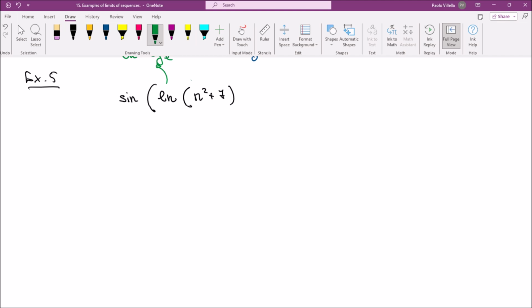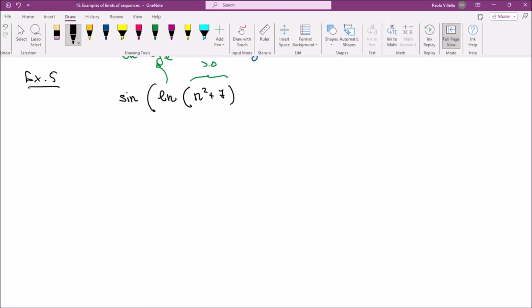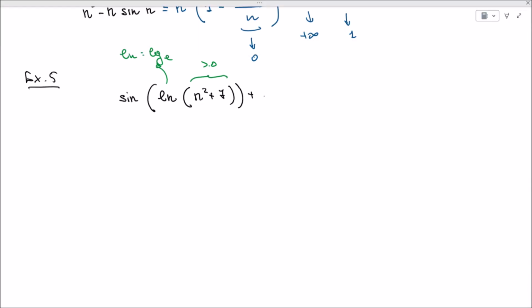This is defined as this term is larger than 0 always, and remember that the logarithm is defined only for arguments strictly larger than 0. Right, so let's consider this sequence plus the cosine of n factorial. All this divided by square root of n. So we would like to find the limit of this fraction as n goes to infinity.